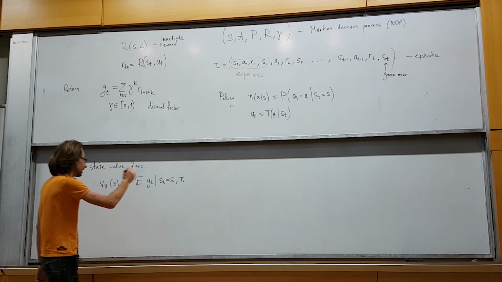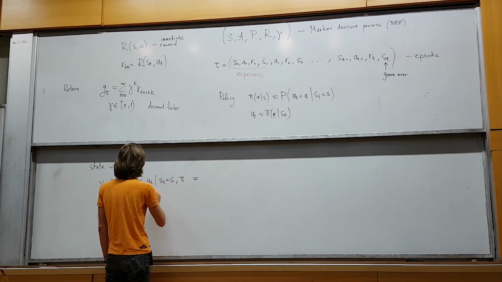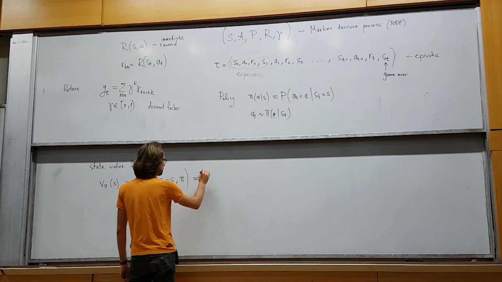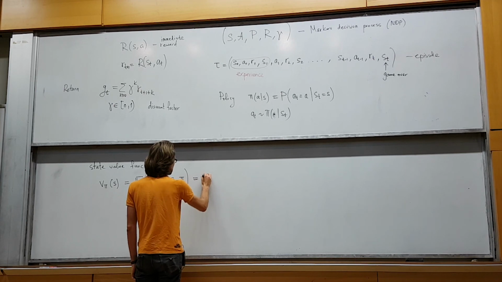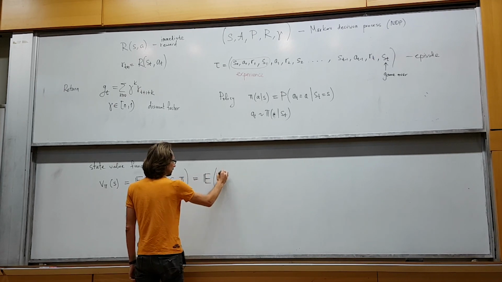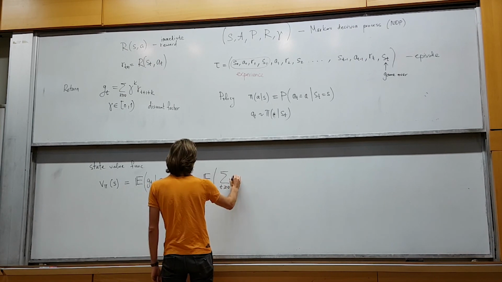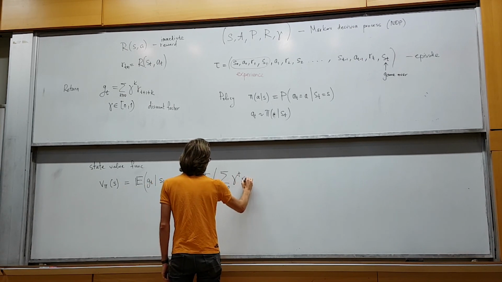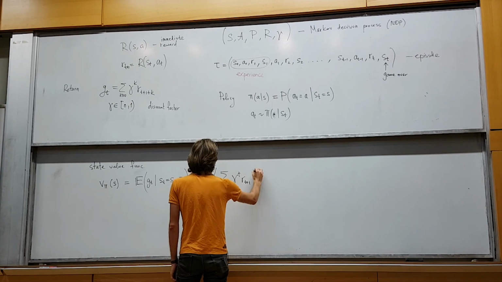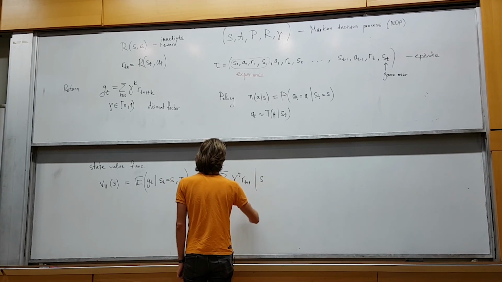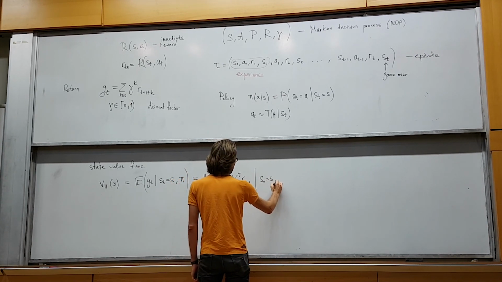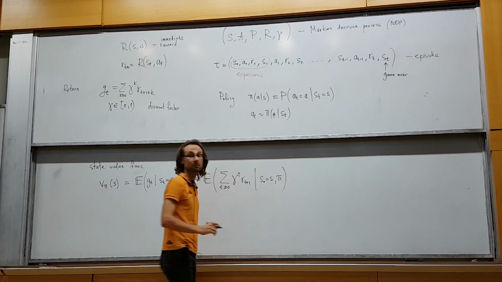Now, let's write it explicitly. We don't really care about the specific time, right? So I can write it as the expectation of the sum over t going from 0 to infinity of gamma^t r_{t+1} given S_0 equals S and pi.